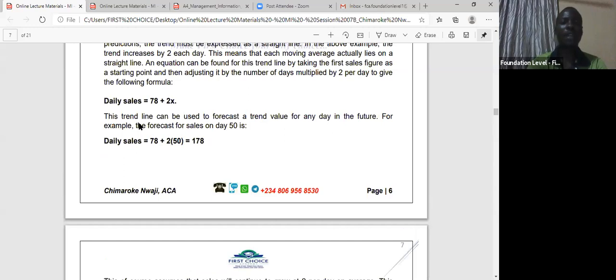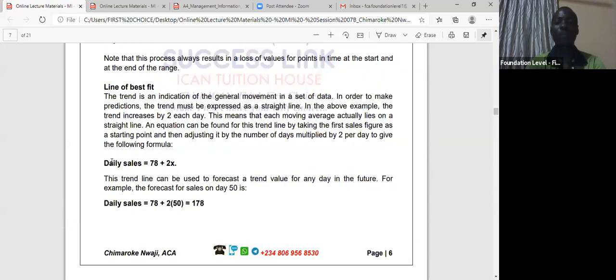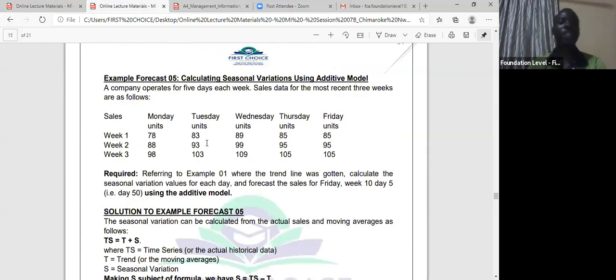So if you look at it now, we got our seasonal, we got our trend line, and we used it to calculate that of day 50, and we got 178. If we have to stop at moving averages, trend line, this is what we'll be saying. 178 units is what we are going to do. But let's see how seasonal variation will change things.